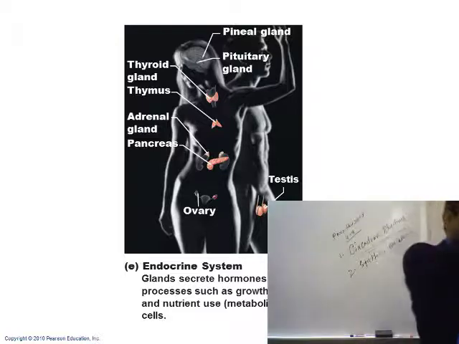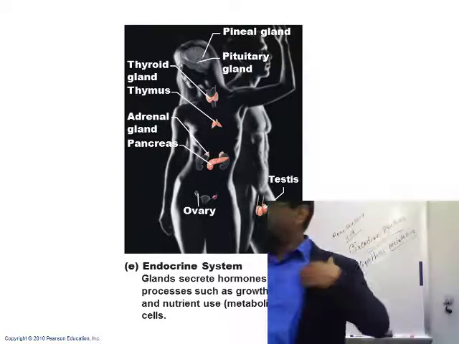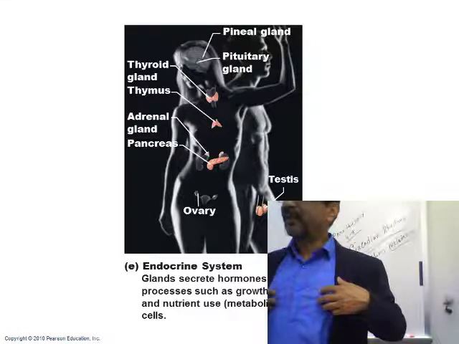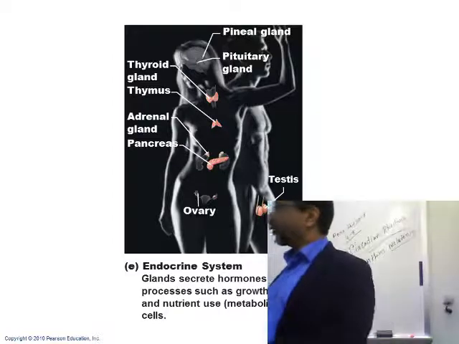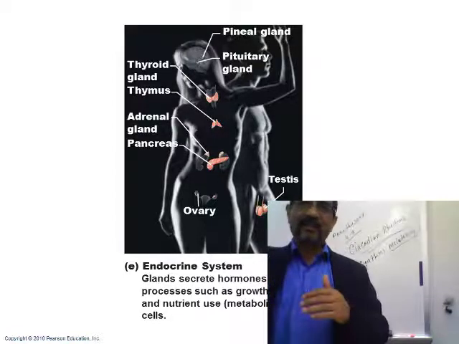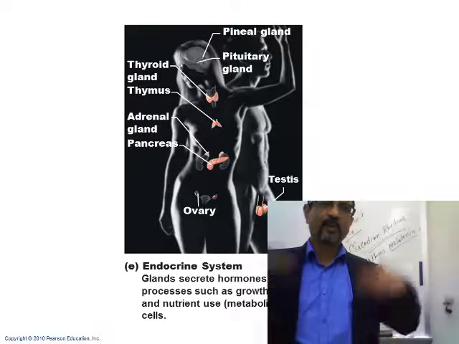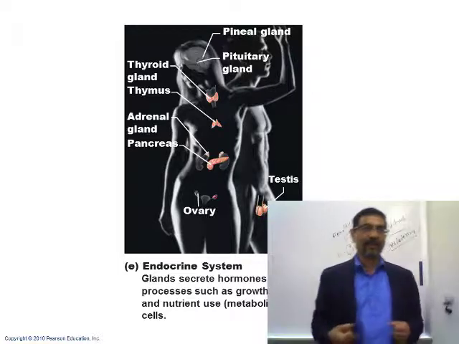So why is the thymus so big in infants in the early stage? Because in infants the immunity is not yet established. It takes a few years to develop in the body.